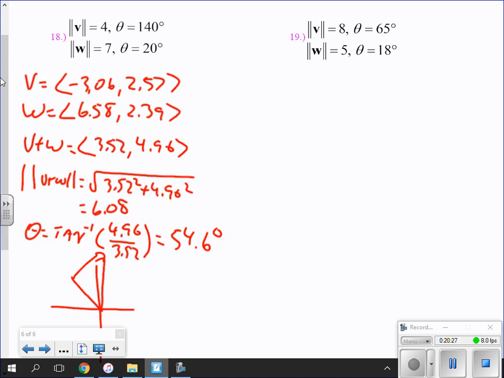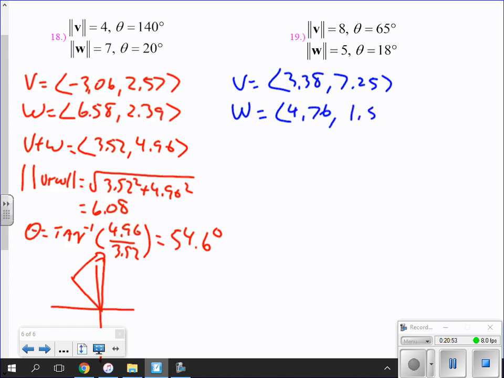Magnitude and direction, you need to rewrite it in vector form. Take the magnitude times the cosine, magnitude times the sine. And you end up getting V is the vector 3.38 and 7.25. And W is equal to 5 times the cosine and sine. W is 4.76 and 1.55.